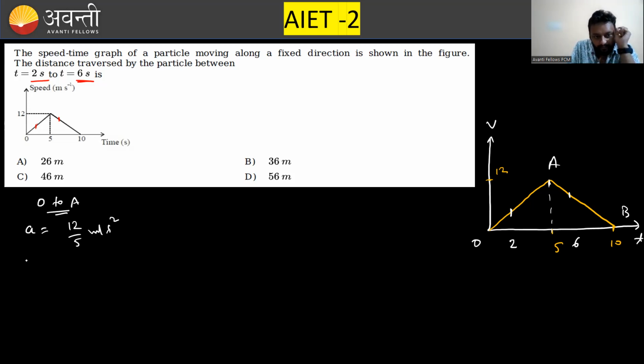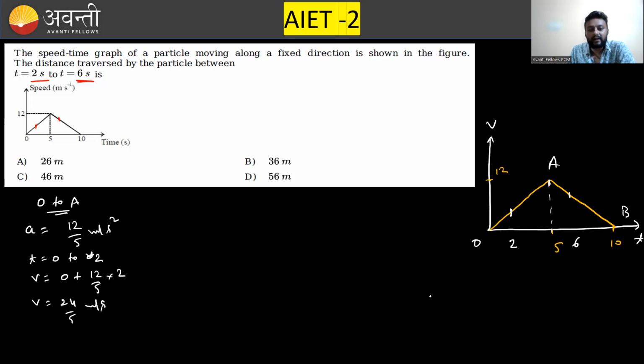So for t equals to 0 to 2, the velocity is equals to u plus at. Acceleration is 12 by 5 into time is 2. So that is 24 by 5. Velocity is 24 by 5 meter per second. This is the velocity of the particle at t equals to 2 seconds.